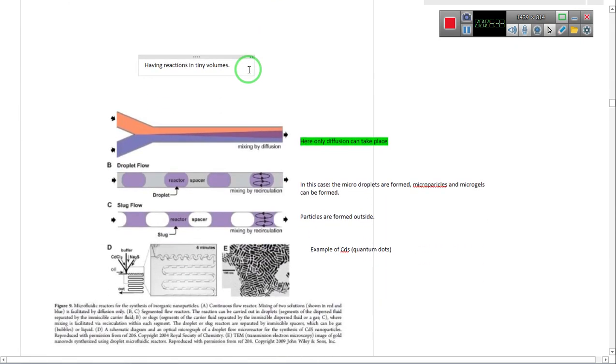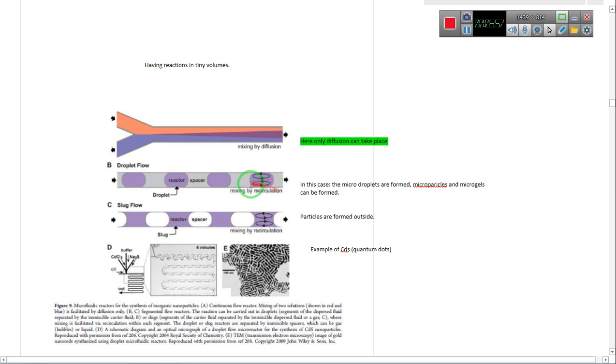Let me jump here. Okay. You know, this is the strategy that I just mentioned, the use of two immiscible fluids, and I told you a very confined reactor will be formed for the nucleation of the nanoparticles.